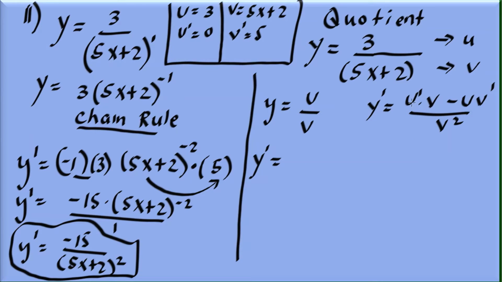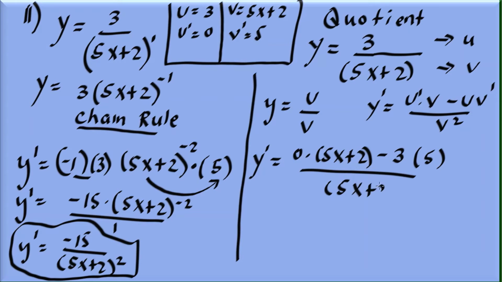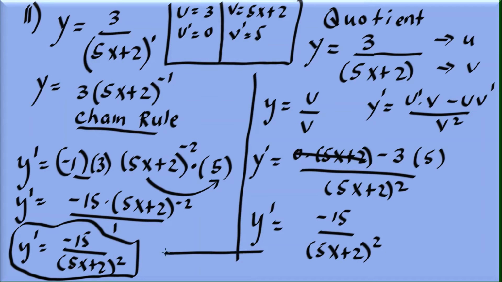So following this formula, u prime is 0 multiplied by v, which is 5x plus 2, minus u, which is 3, times v prime, which is 5. Okay? All over that denominator 5x plus 2 squared. So y prime is negative 15 over 5x plus 2 squared. Okay, so we got this same answer right here.